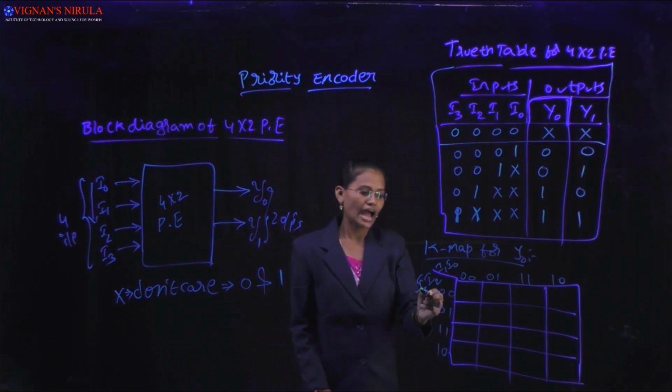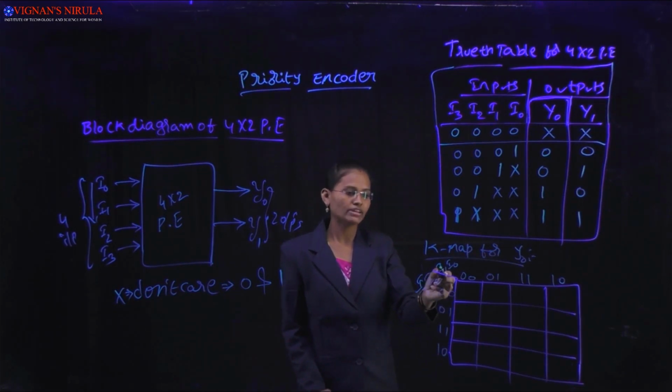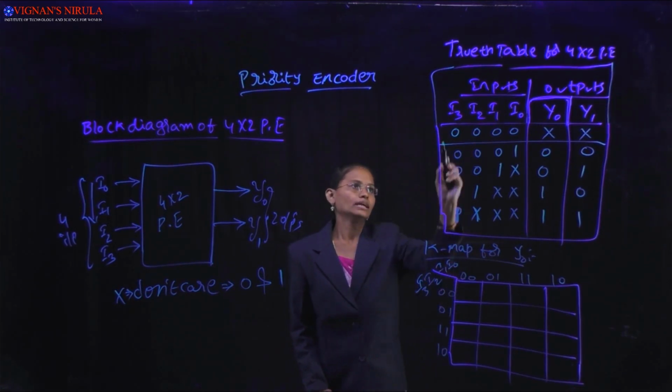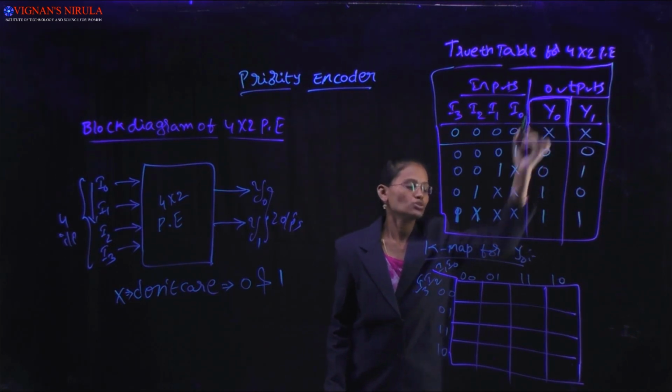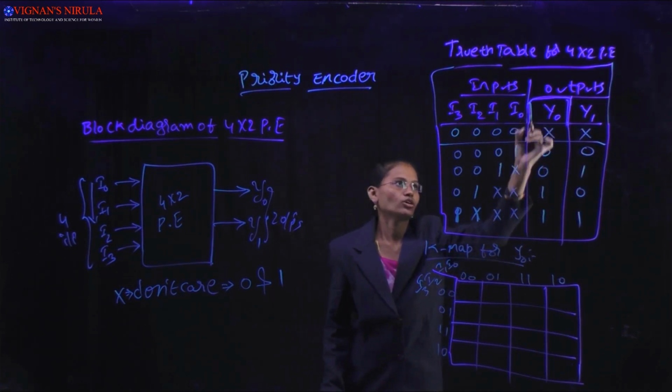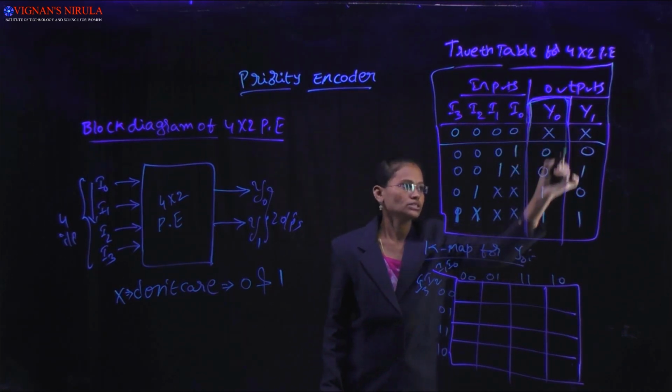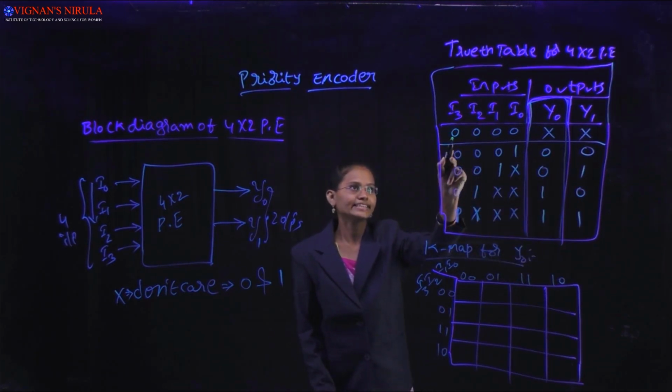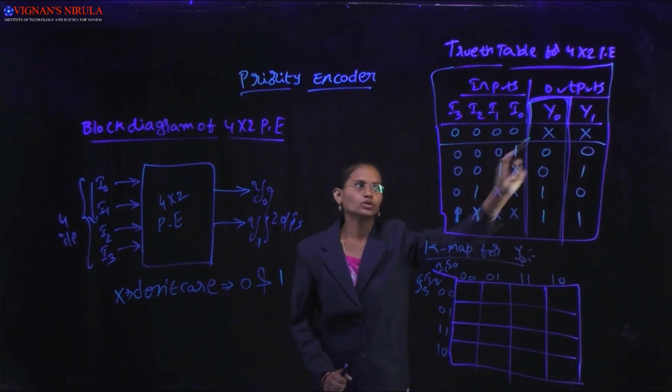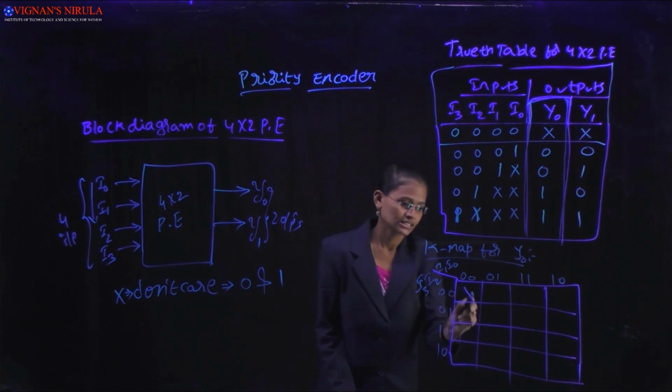Here I3 is 0, I2 is 0, I1 is 0, I0 is 0. First we draw the K map for Y0. When inputs I3 to I0 are 0, the output is X.